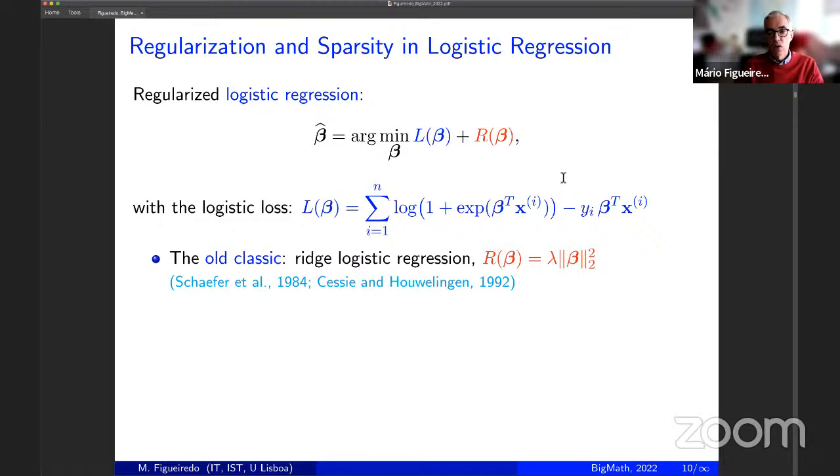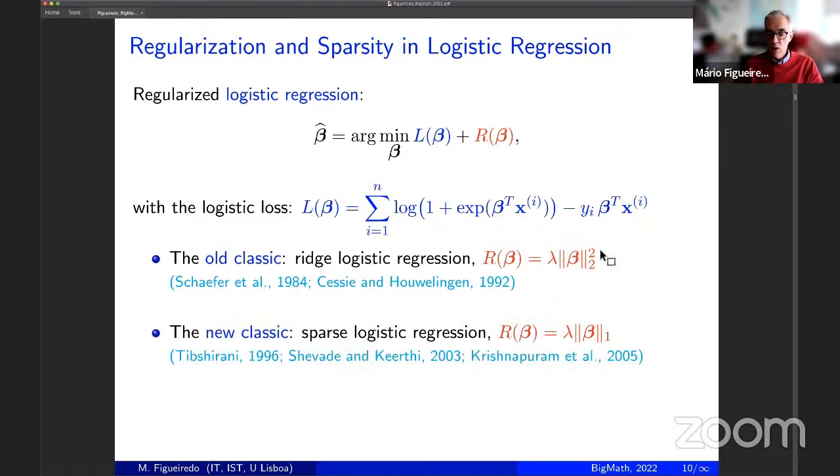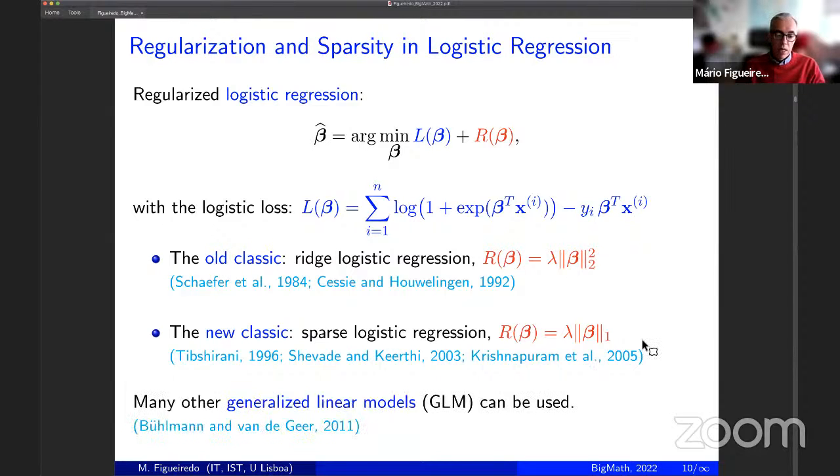Okay, we can still use either squared Euclidean norm as a regularizer, and you get ridge logistic regression, or you can use the L1 norm and you get sparse logistic regression, which goes back at least to the 90s. Although this problem is much harder to solve because of the non-differentiability of the L1 norm. Okay, this can be extended to many other generalized linear models, as is very comprehensively covered in the book by Bühlmann and van de Geer from 10 years ago.